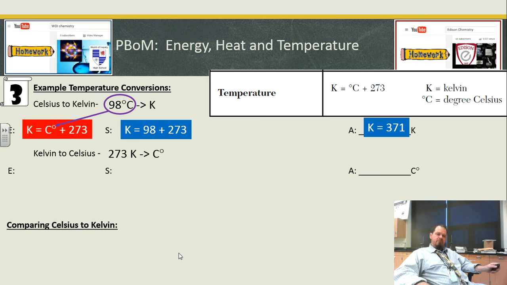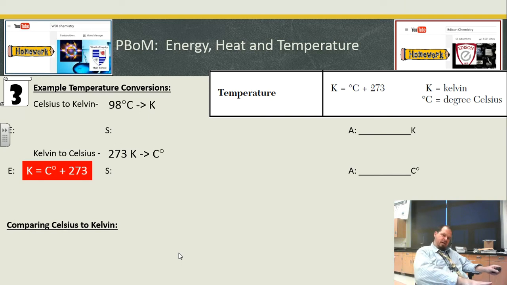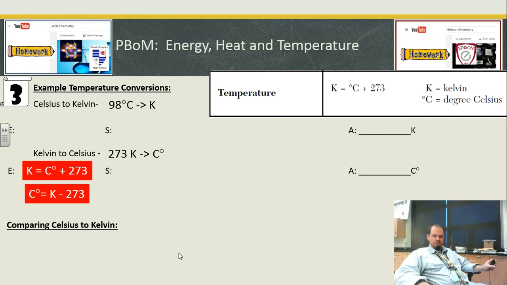If I'm going to take 273 K and convert it into Celsius, I need to use the same equation. But now I don't think that you necessarily are happy with the fact that Kelvin would be plugged in on that other side and I have to manipulate it. So I would personally manipulate the equation first, rearranging to get Celsius by itself.